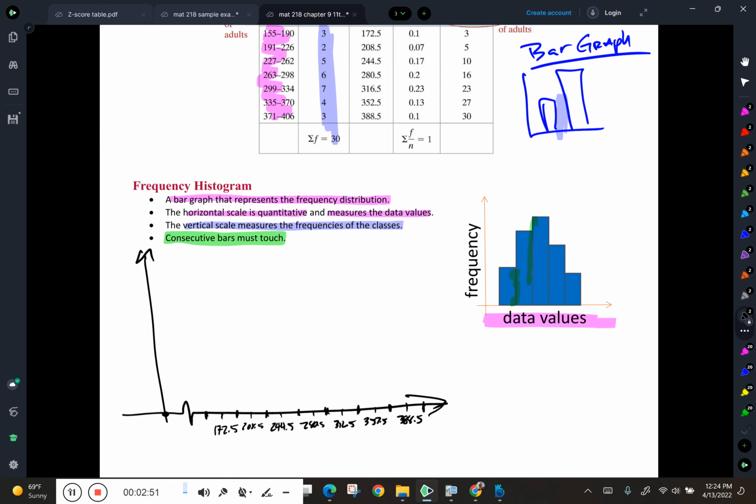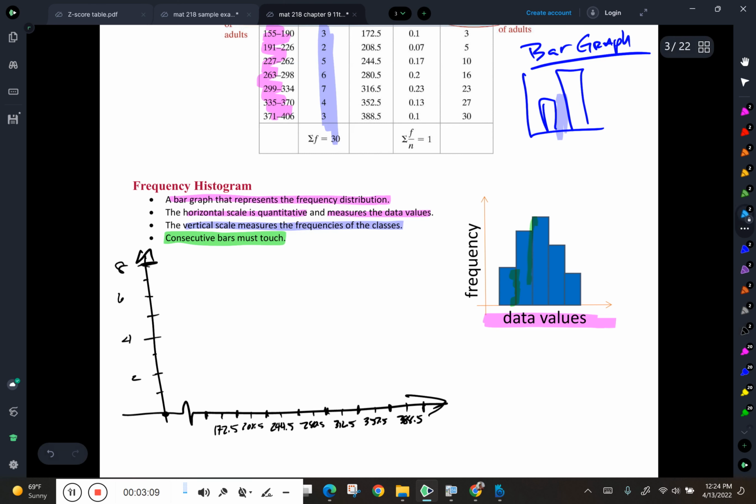My highest frequency is a 7, so I'm going to come up here to the top, and I'm going to call that 8. If you're wondering why I chose 8 instead of 7, it's going to make doing this a little bit easier. 2, 4, 6, 1, 3, 5, and 7. And then I'll start drawing in my bars.